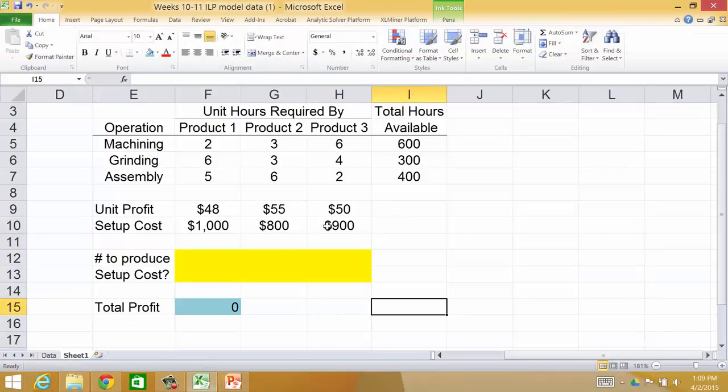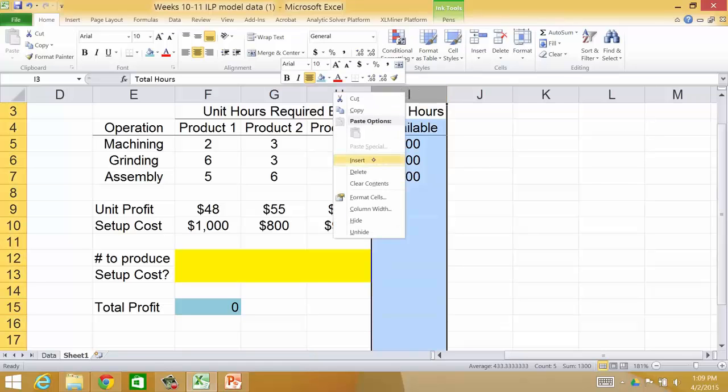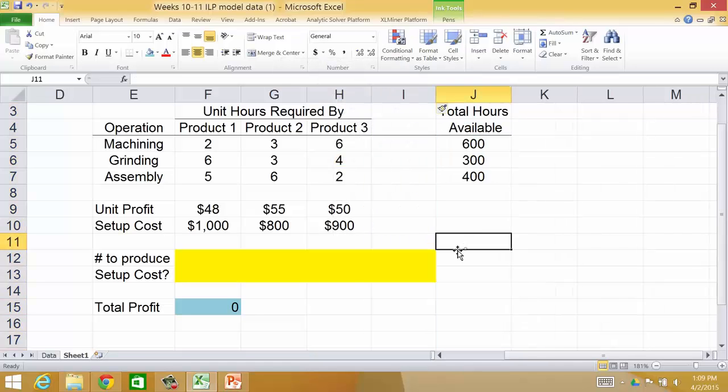In the given data, we have the unit resource needed. We also have the total resource available. So I'm going to insert a column here to calculate the total hours needed.